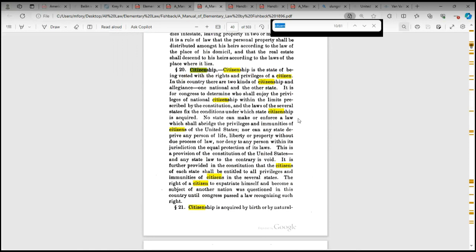It is further provided in the Constitution that the citizens of each state shall be entitled to all the privileges and immunities of citizens in the several states. The right of a citizen to expatriate himself and become a subject of another nation was questioned in this country until Congress passed a law recognizing such right.